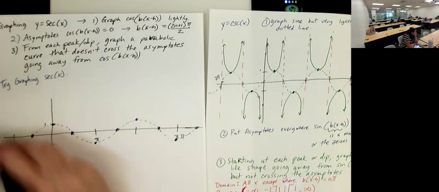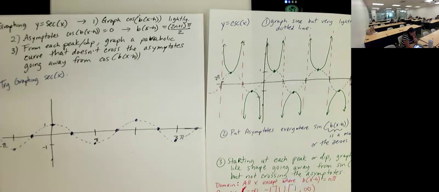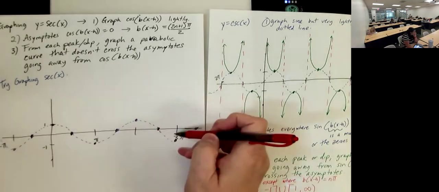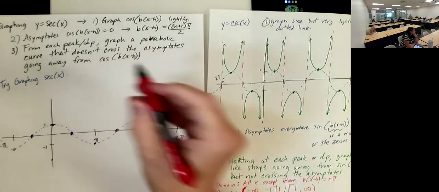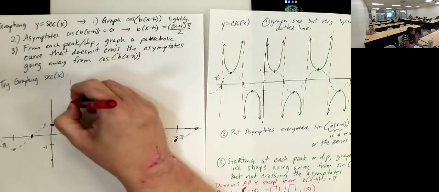Here's my cosine. That's step one, I graphed the cosine version. Everywhere the middle of the graph is, in this case, the zeros, because there is no vertical shift, I'm putting in asymptotes.